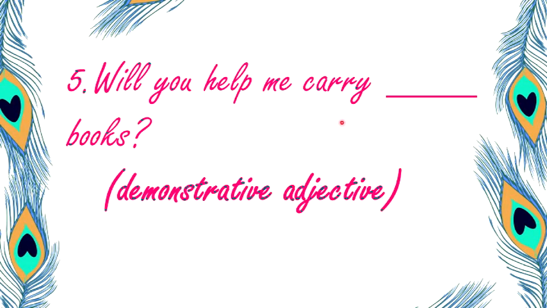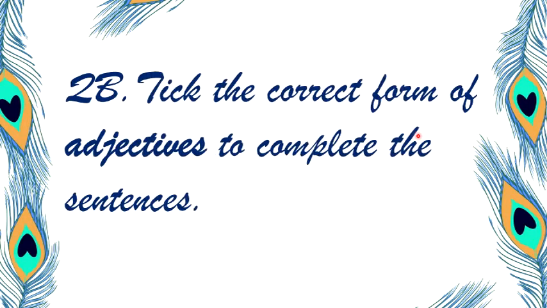So what should come for books? You're right, it can be these or those. But when someone asks you directly, that means you are far away or near? Yes, that means you're near. So the appropriate one is: will you help me carry these books? Okay? Very good.